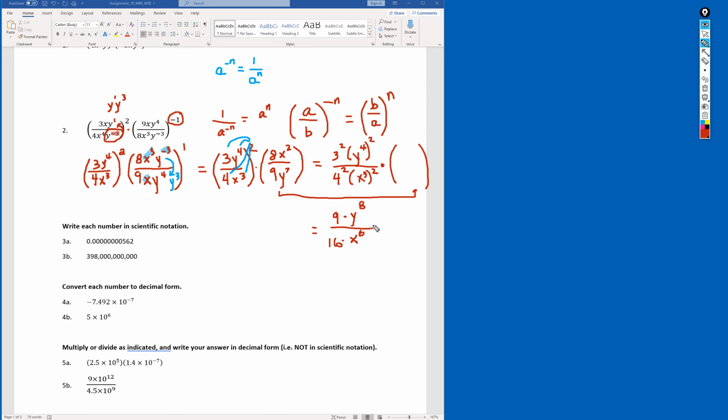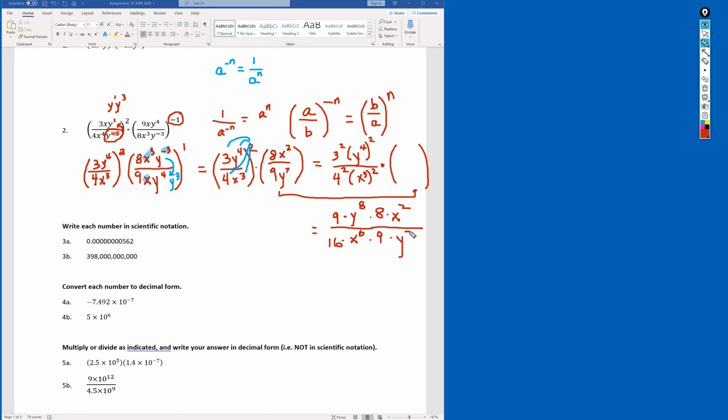And then at this point, we're just going to be multiplying all this stuff by all this stuff. So let's just write it like that. What did we have in the second set of parens? Well, we had an 8 and we had an x squared. And what did we have in the denominator? We had a 9 and we had a y to the 7.